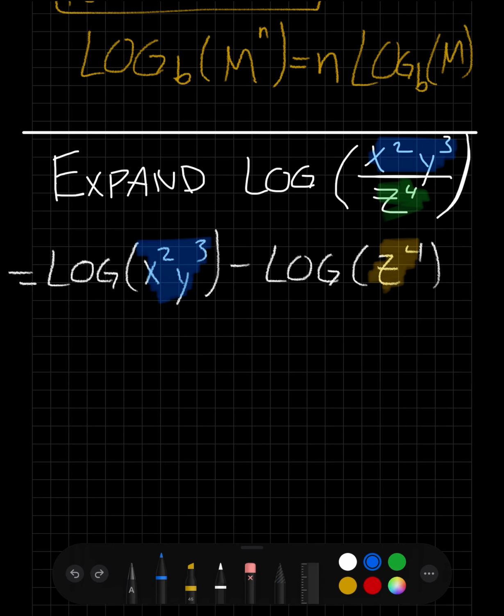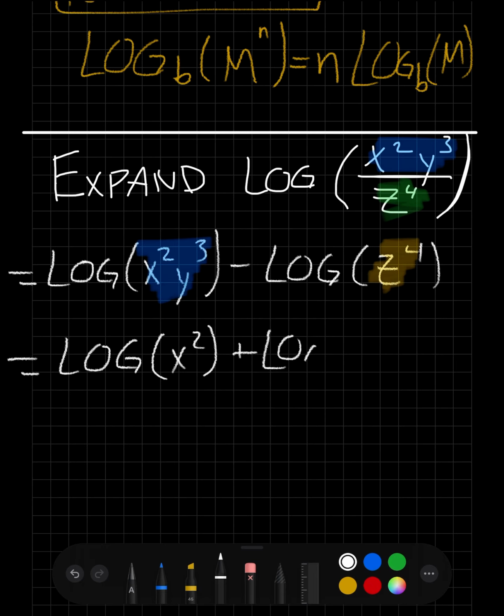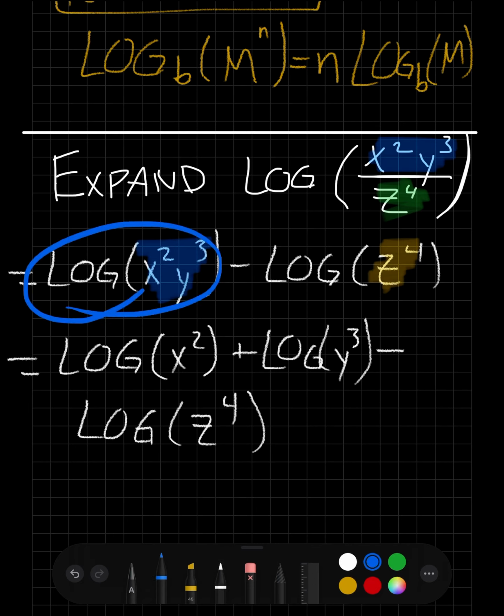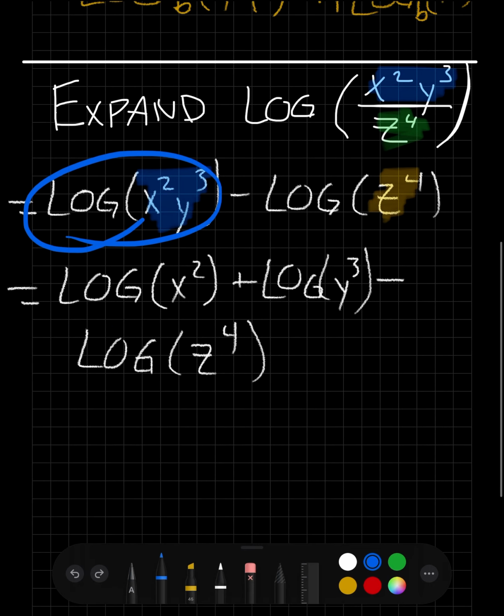I'm going to take this logarithm and separate it into two using my product rule: log of x squared plus log of y cubed. And then I still have subtract log of z to the 4th. That's using my product rule on this logarithm to separate it into these two logarithms.